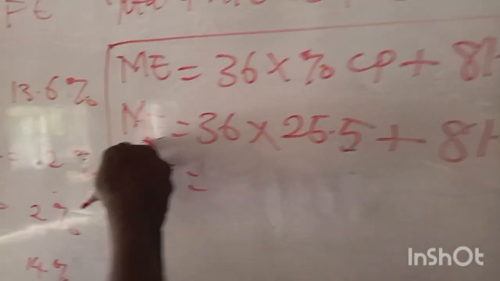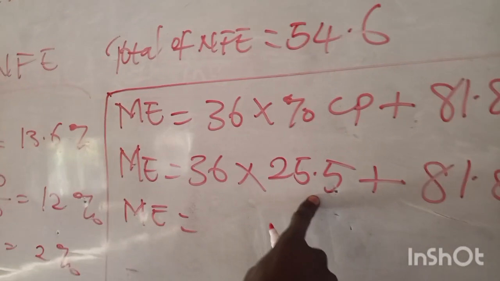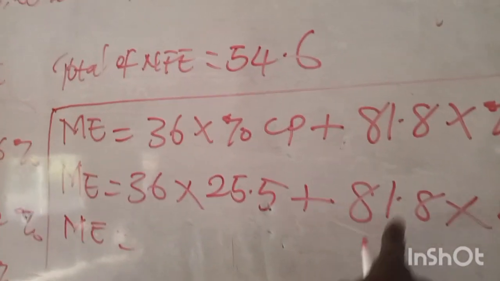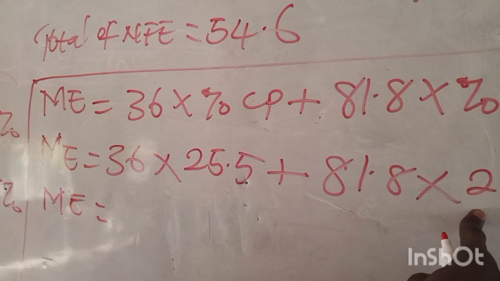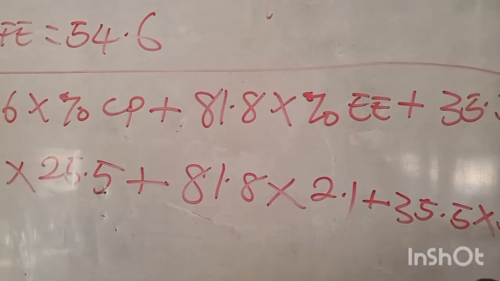That our MFE, what's it closer? Our MFE is 36 times 25.5 plus 81.8 times 2.1 plus 35.5 times 54.6.